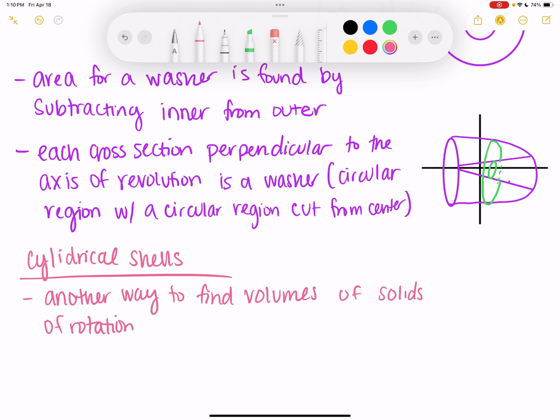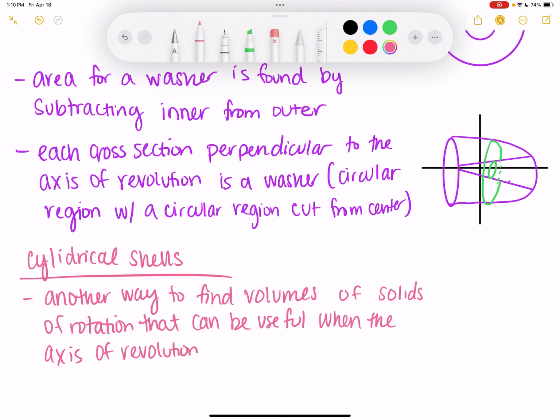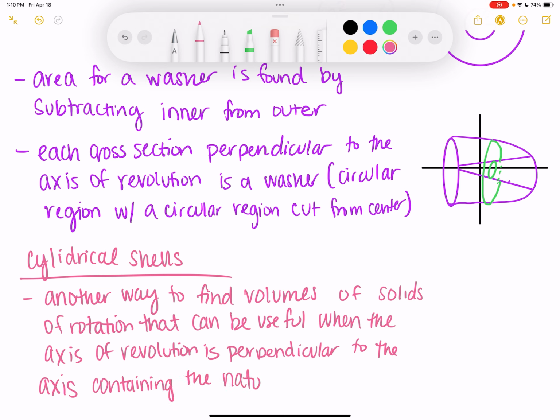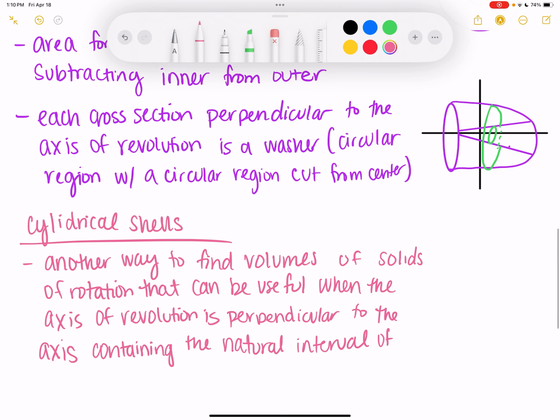That can be useful when the axis of revolution is perpendicular to the axis containing the natural interval of integration.